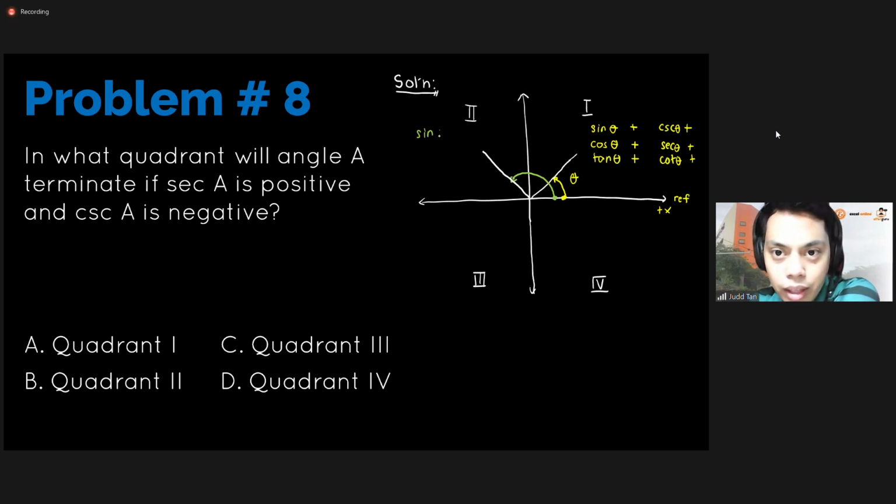So yung sine theta, cosine theta, and tangent theta.